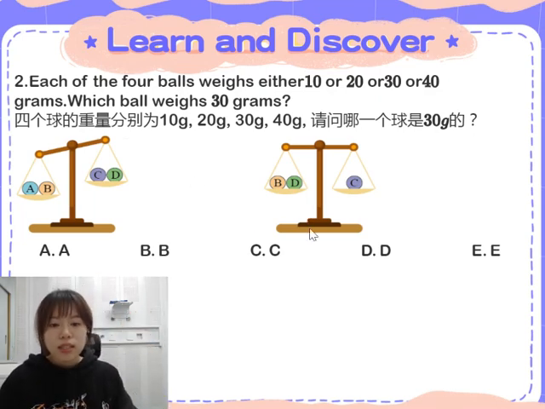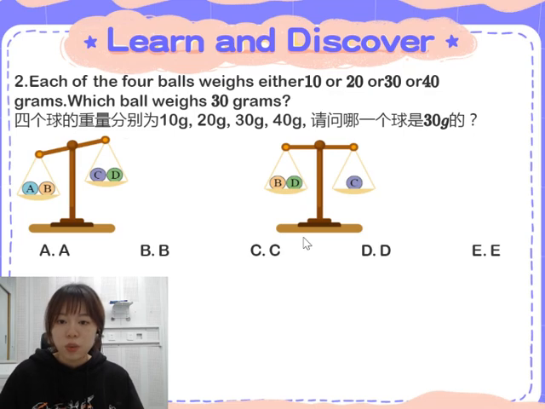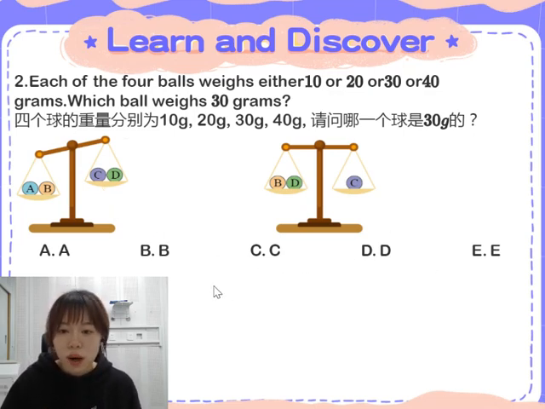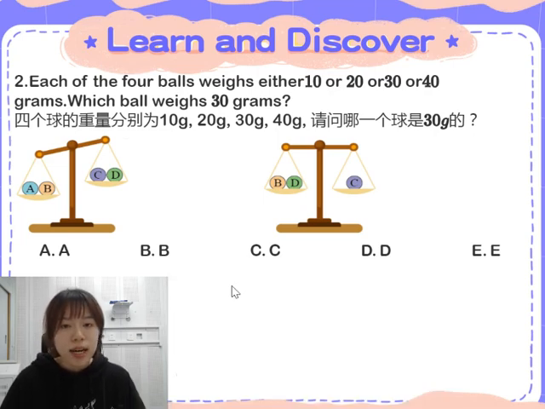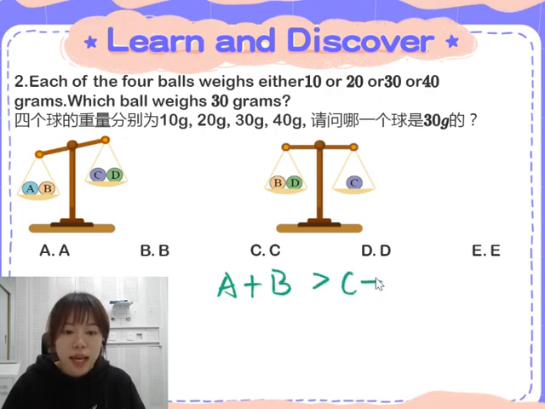Okay, so let's see what condition we can find in these 2 balance scales. So for the first one, the AB side is heavier than the CD side, right? So which means, okay, let me write down in math language. A plus B gonna be heavier than C plus D. Okay, what about this one?